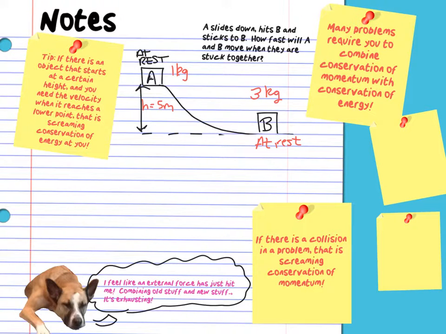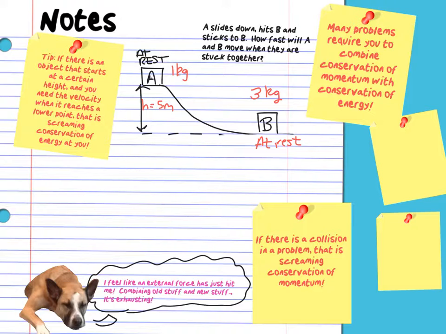I can't do a video on momentum problems if I don't do one which includes conservation of energy along with conservation of momentum. All right. Many problems require you to use both so you have enough equations to figure out your unknowns. Now I'm going to give you a tip here.